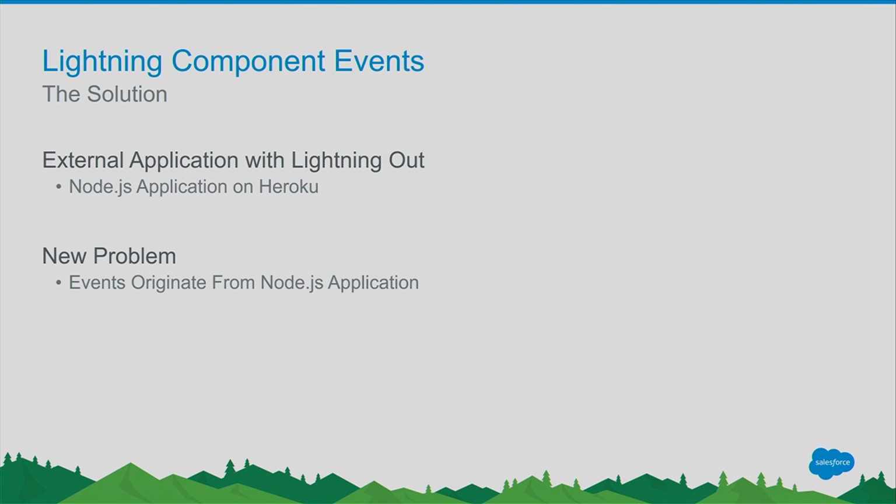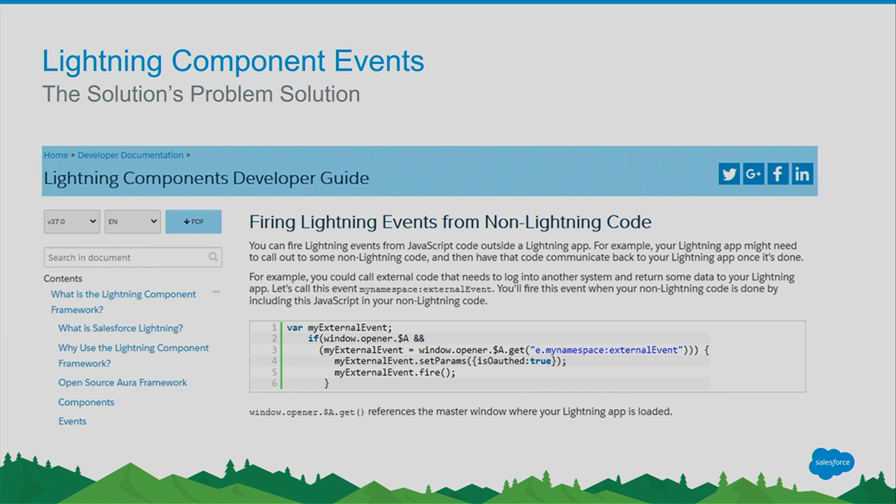So the solution was that you can actually have external events be fired in external applications, but this is actually all of the documentation there was available on how to fire events from non-Lightning code. This is all there was, and so we had to figure out how to use this information to fire events outside of a Lightning application.